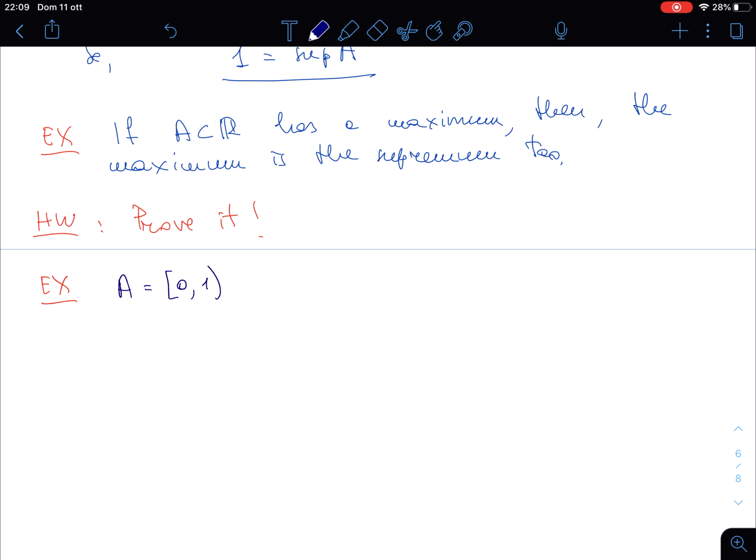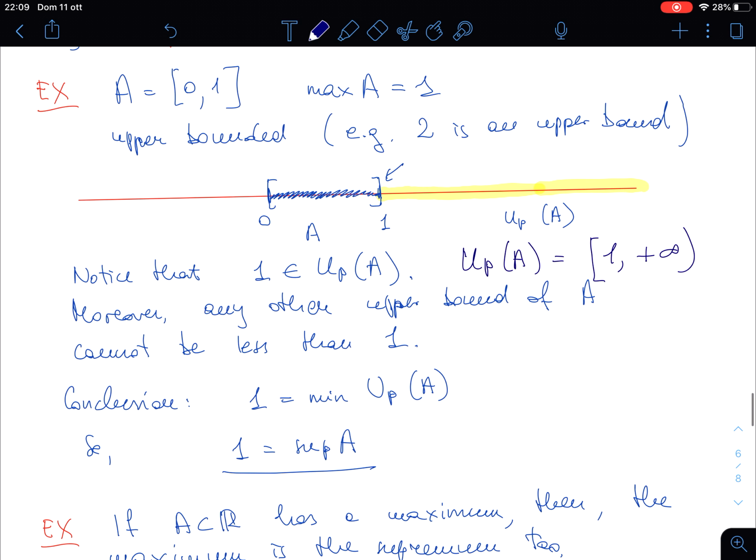And of course we already proved that it has no maximum. Again, the situation is like before. I copy here the picture, sorry.